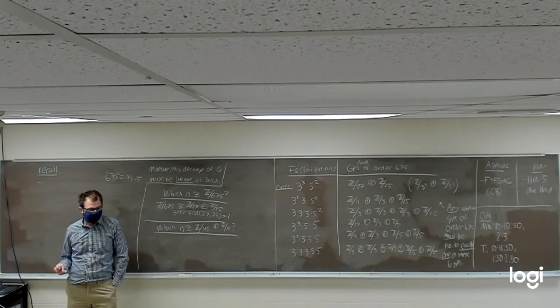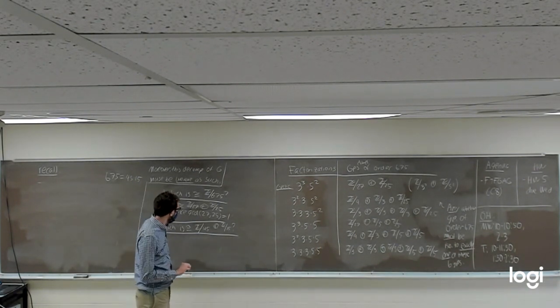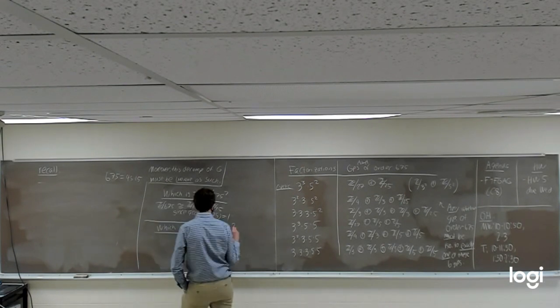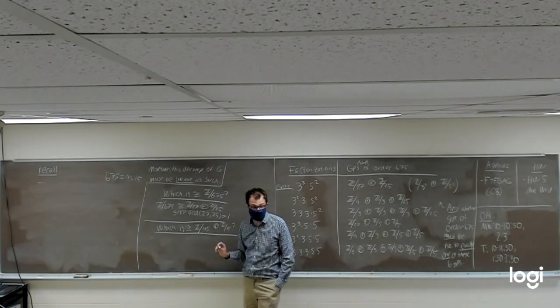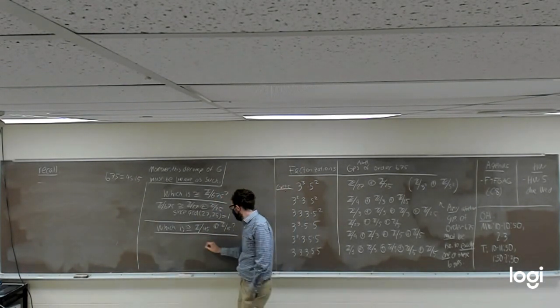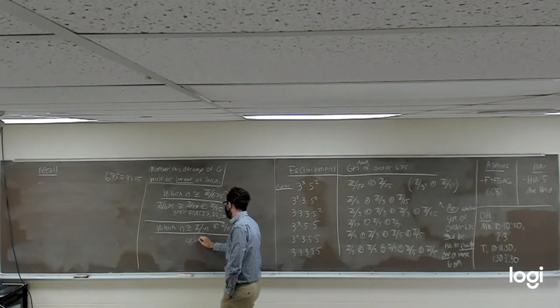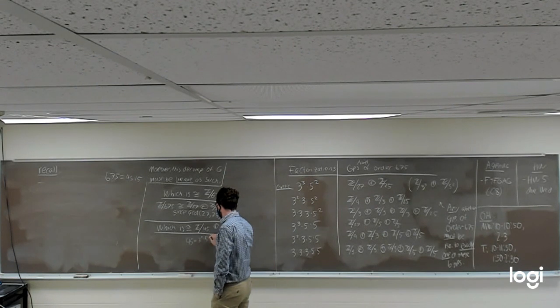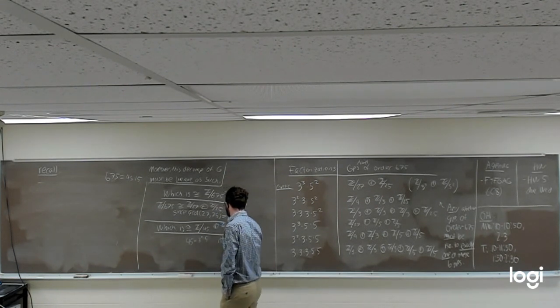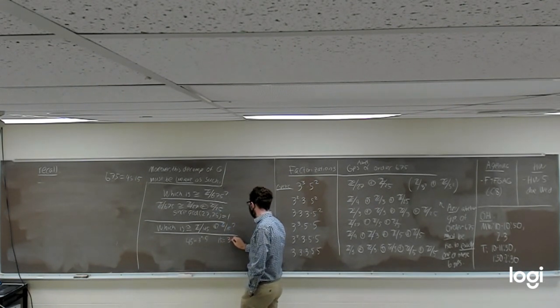And here, it might help to just write out 45 and 15 as products of primes. Let's see, 45 is going to be equal to what? 3 squared times 5. 15 is going to be equal to just 3 times 5.